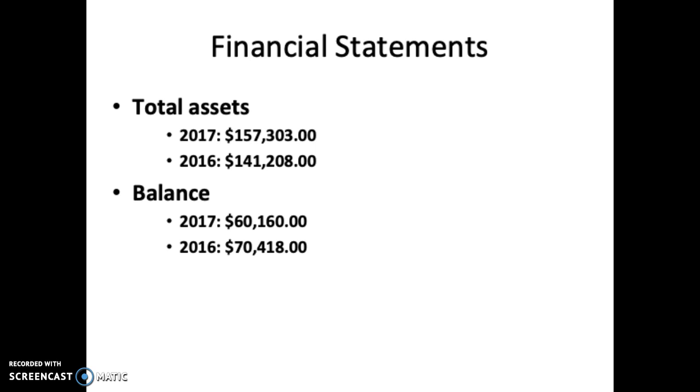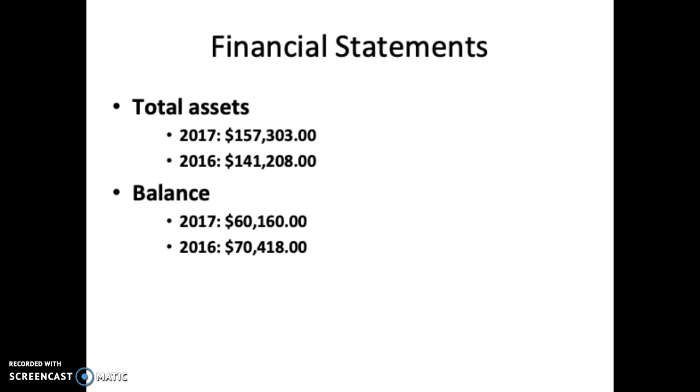However, when we get to the balance for 2017, after you take the expenses and liabilities off of the assets, it was 60,160, and for 2016 it's 70,418.